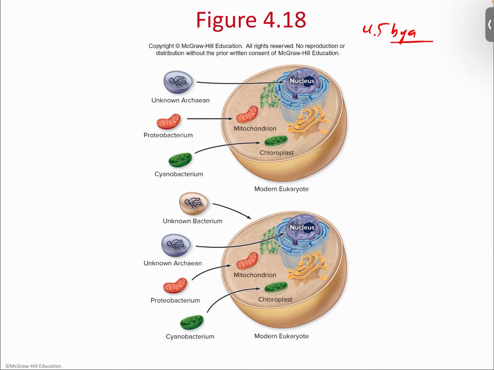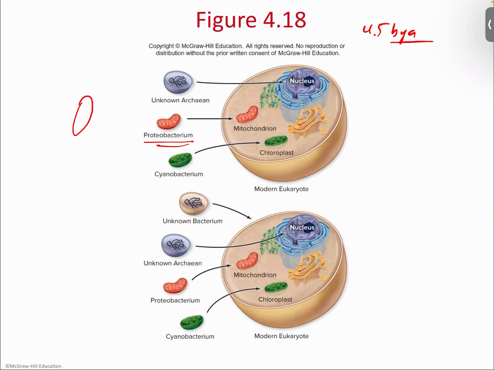So here's one of the ideas. Originally, this is not the way it started out. The endosymbiosis theory said we had a eukaryotic cell that engulfed, phagocytosis style, a protobacterium that looked a lot like a mitochondria. Remember, when it engulfs it, it has a single cell membrane at this point.